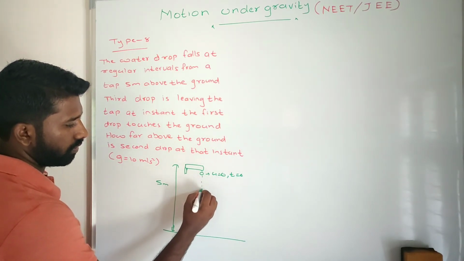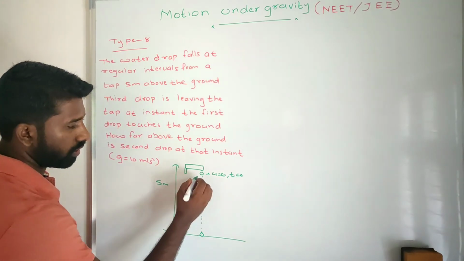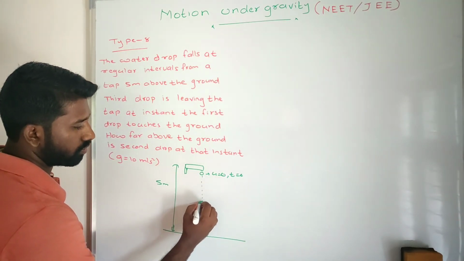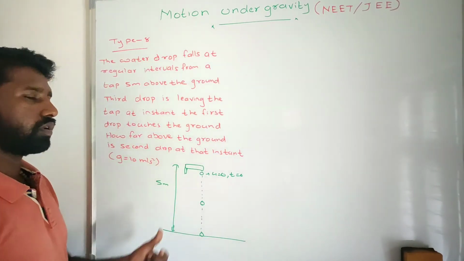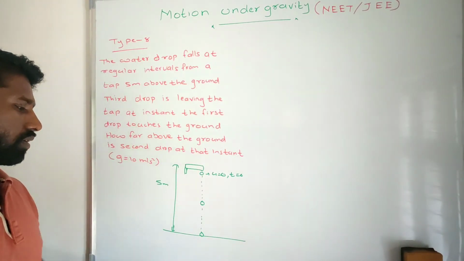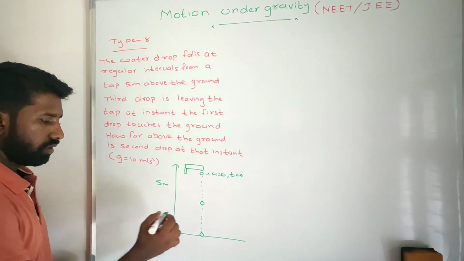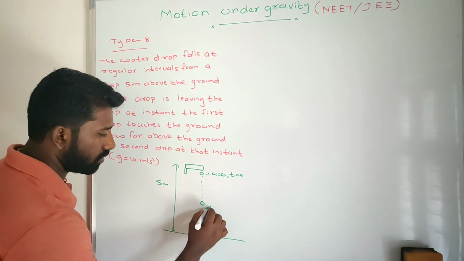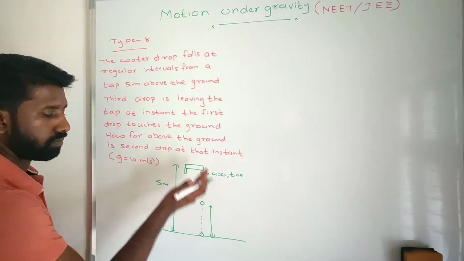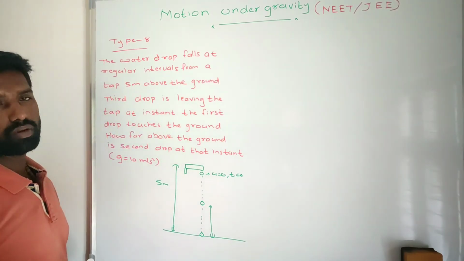When the first drop touches the ground, at that time the third drop is falling. That means in between there is one more drop of water. So we need to find out, at that instant, what is the height from the ground of the second drop.